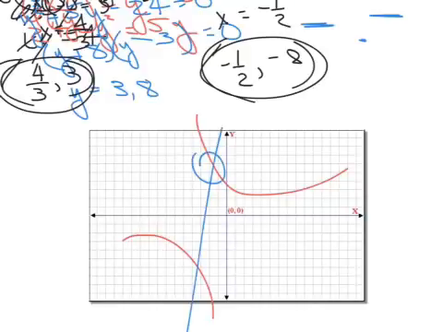So these two places are where they cross. This point right here is supposed to be negative 1/2, negative 8, and this is supposed to be 4/3, 3, but I just drew it real quick as an example, so they're obviously not exact.